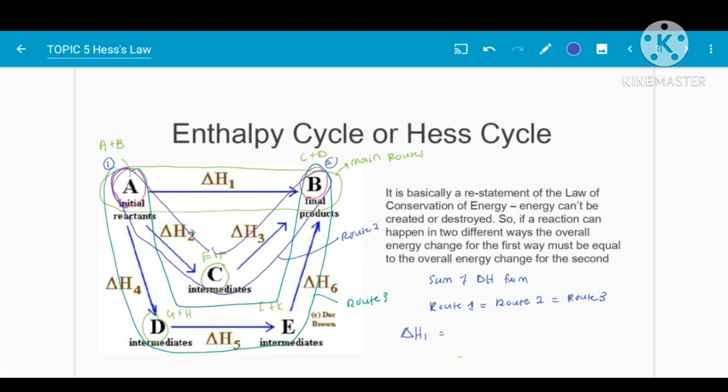It equals delta H2 plus delta H3 in route 2, and it also equals delta H4 plus delta H5 plus delta H6. That's why in an enthalpy cycle or Hess cycle, it is important to identify the type of route. How many routes are inside the Hess cycle?